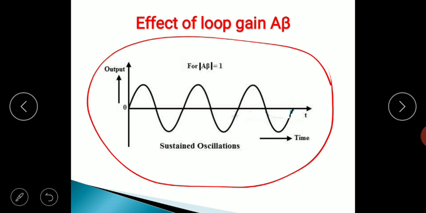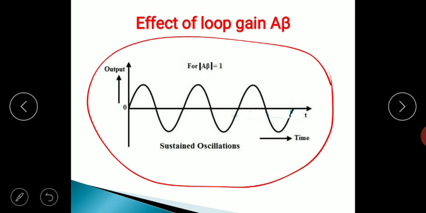In your syllabus, we are not going to discuss the LC oscillators because our aim is to study low frequency oscillations, and low frequency oscillations can be generated using RC oscillators, because for low frequency, LC oscillators are not preferred as the values of inductance and capacitance become bulky, and stability is also an issue.